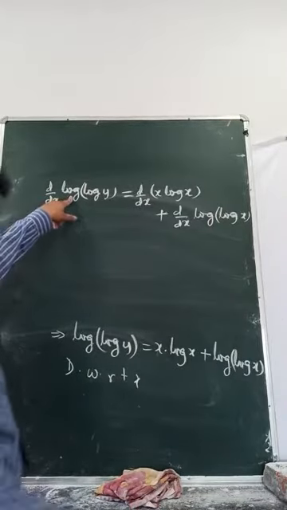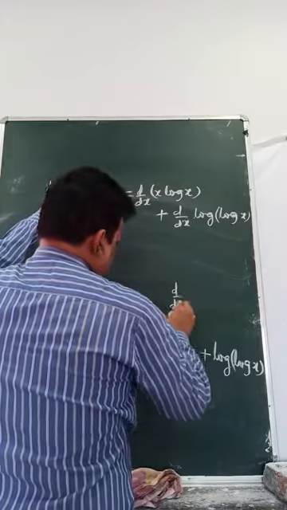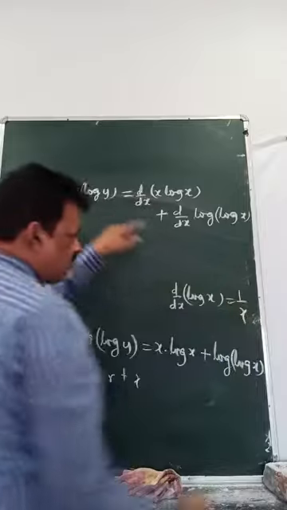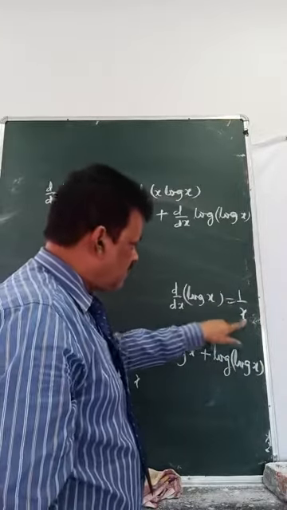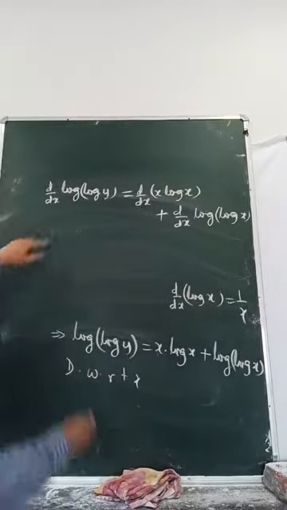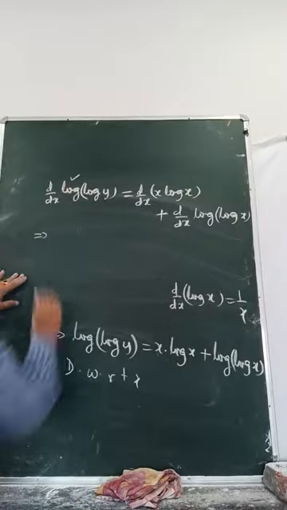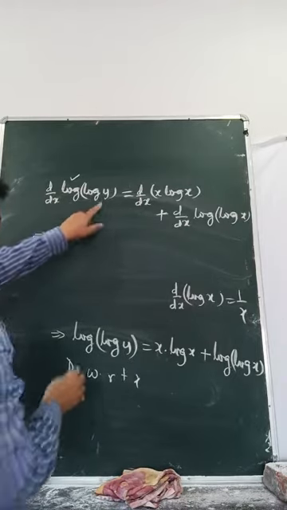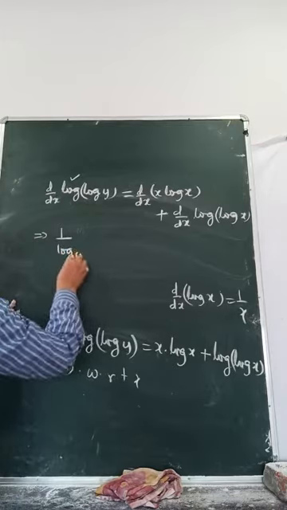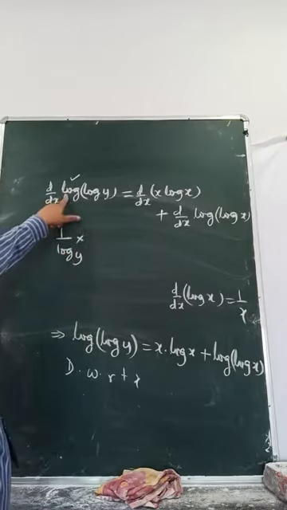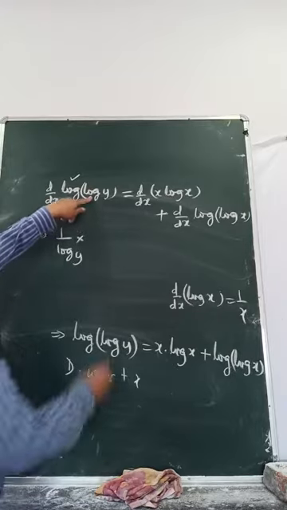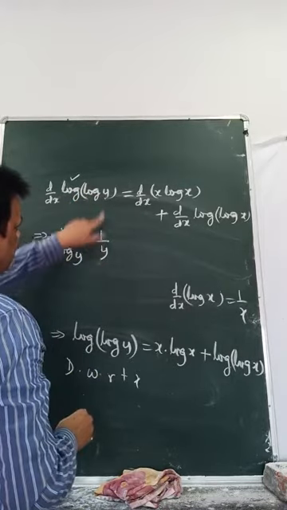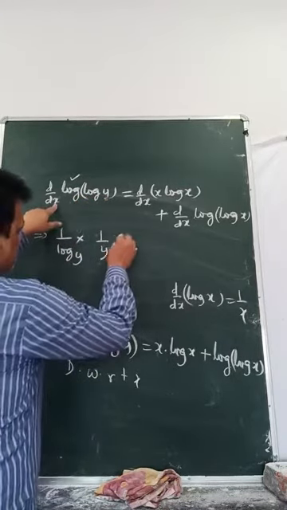Every time keep in mind that the differentiation of log x is 1 upon x. What clue do you get here? 1 upon this means that the differentiation for this log will be 1 upon x, where x here is log y. Then chain rule. After this, you will find the derivative of this log, which will be 1 upon y, because the differentiation of log y is 1 upon y, again y with respect to x, so dy by dx.